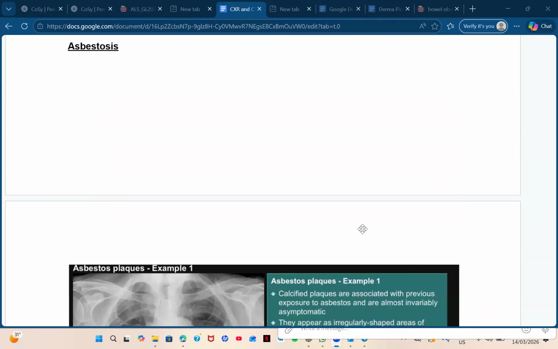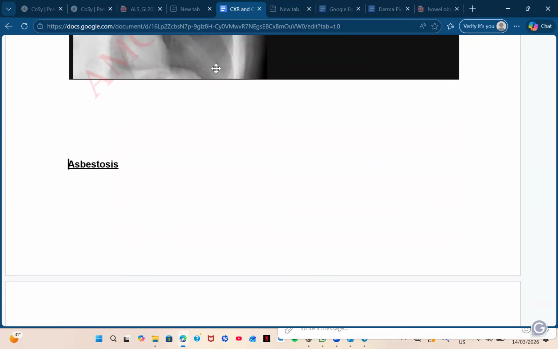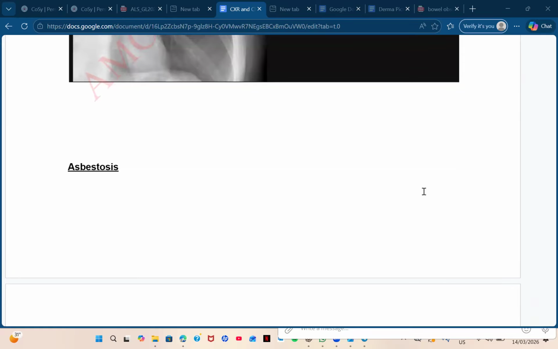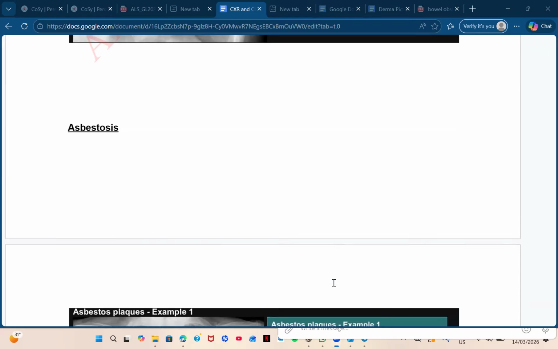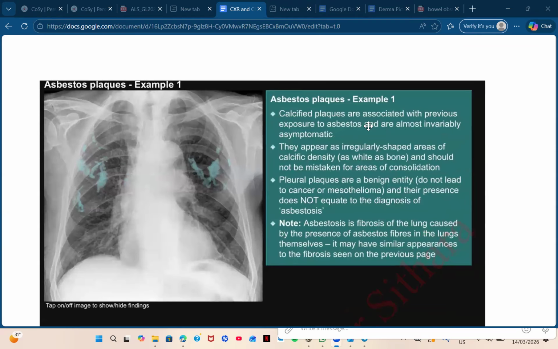So now tell me how asbestosis can be present in chest X-ray. Asbestosis. You can see it very clearly like this. Here, calcified plaques are associated with previous exposure to asbestos and are almost invariably asymptomatic.